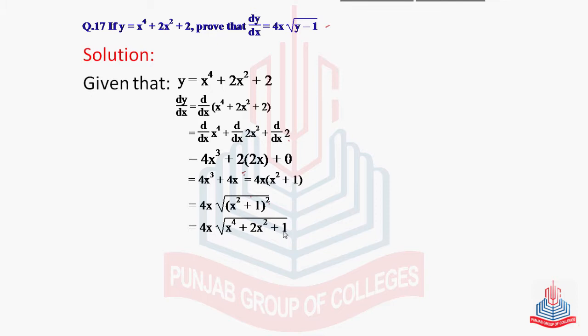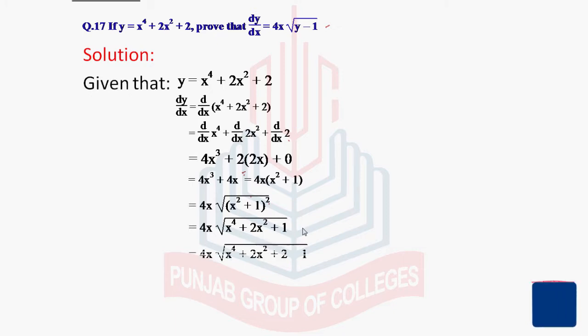Now there should be y in our square root portion, and y is x^4 plus 2x square plus 2, but we have here only x^4 plus 2x square plus 1, so we just missed our 1, and by adding this 1, that will become 2, and we have y in our square root portion. So we can add and subtract 1 on this inner portion of the square root.